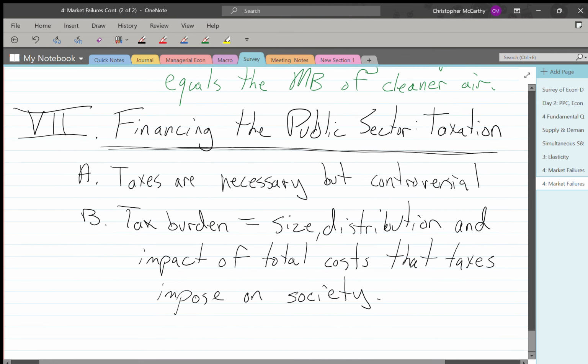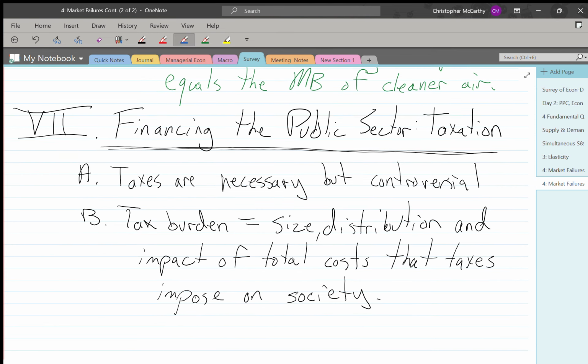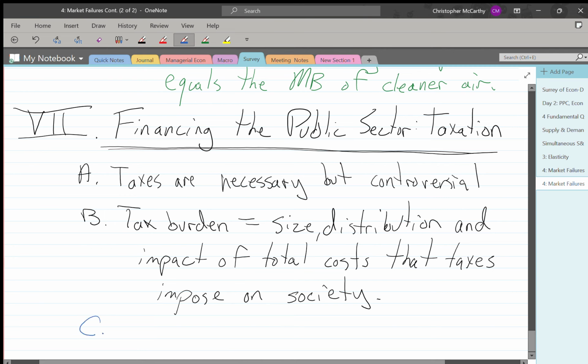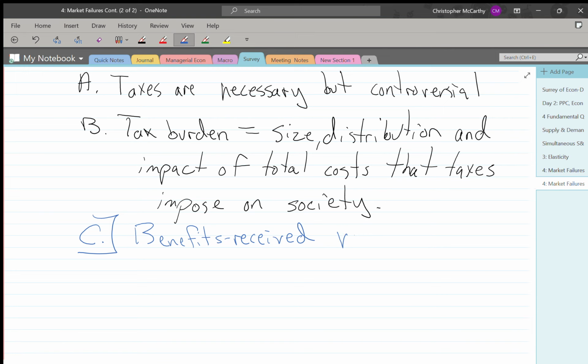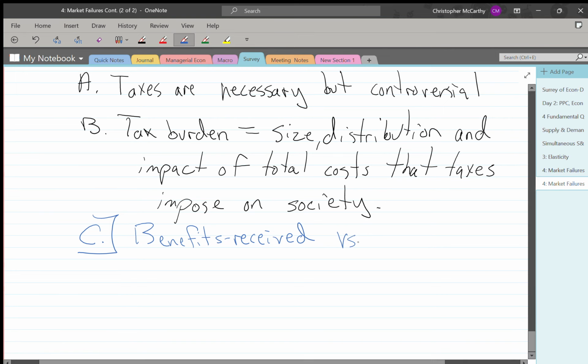So we've got a couple of different ways to think about taxation. There's the benefits received versus the ability to pay principle of taxation.